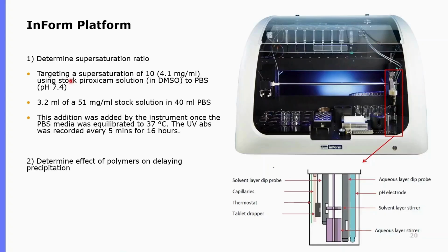For our study, we began with a supersaturation of 10. To do this, a stock solution of Piroxicam is prepared, and the instrument precisely distributes the required solution to reach the target ratio of 10. The concentration then is monitored in real time, and once we confirm that the supersaturation is appropriate, the next step is typically to repeat this experiment in the presence of polymer.